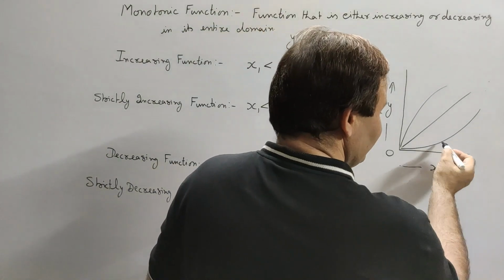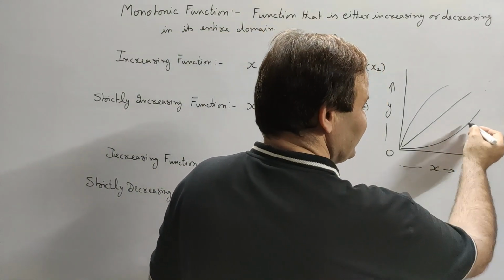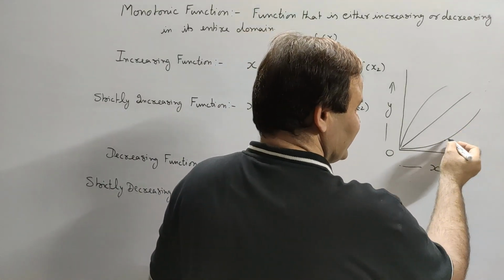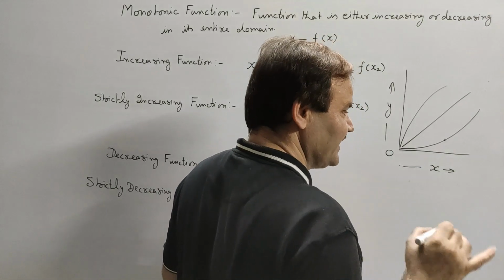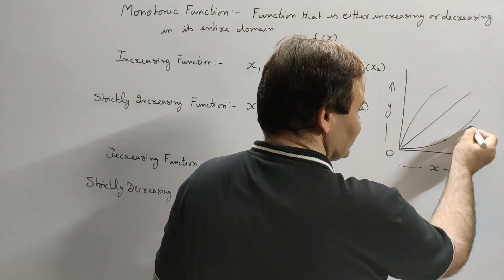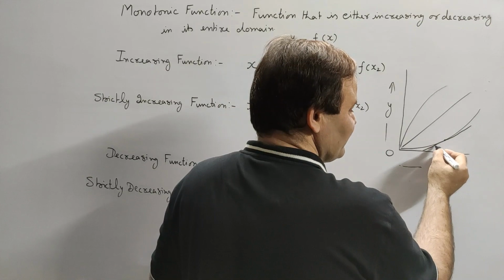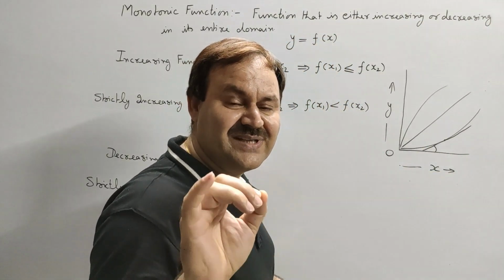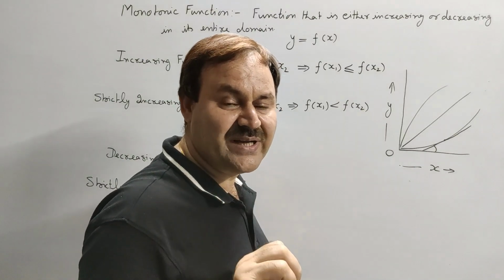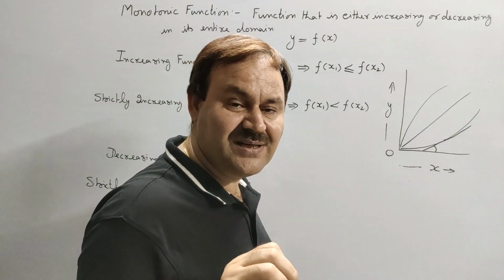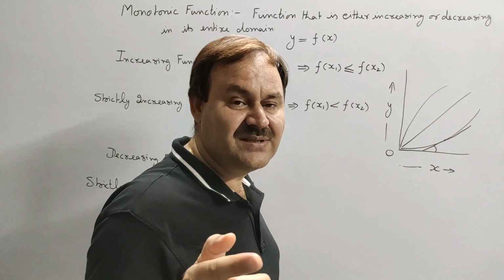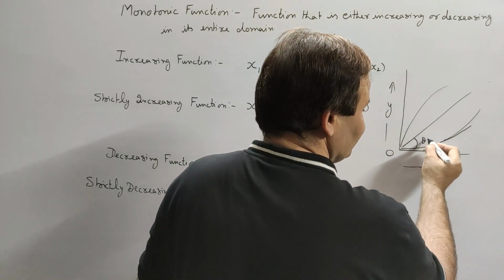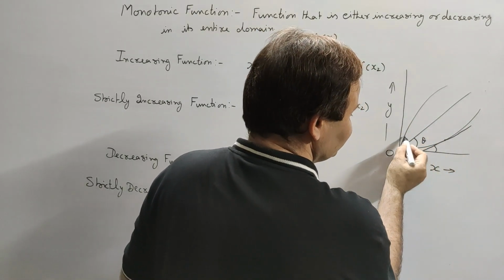Say if we are taking this shape, then for any point on this curve, if we draw a tangent to the curve, then the tangent will always be making an angle with x-axis, which will be an acute angle, and for an acute angle tan theta will be positive. It means the slope will always be positive.